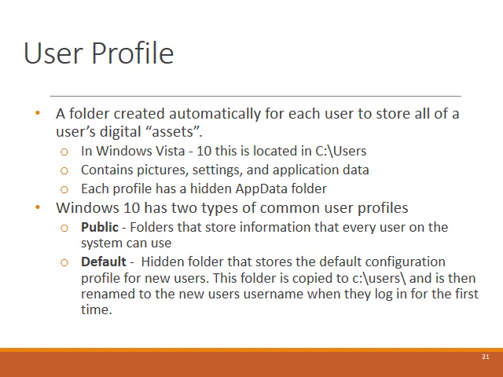Your user profile contains pictures, settings, and application data. Each profile has a hidden folder called AppData, in which applications will store a lot of their data. It's hidden because Microsoft wanted to give software developers a location to store user profile specific information for specific software.